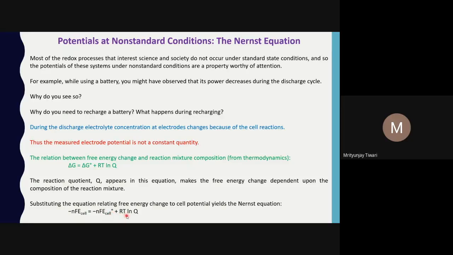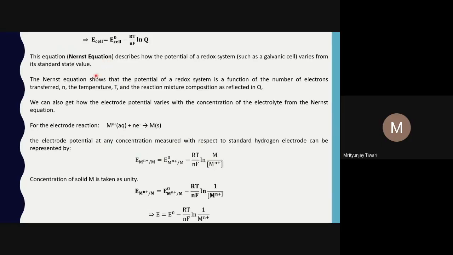And RT ln Q divided by minus nF makes the term negative, so it becomes minus RT by nF ln Q. So we get the Nernst equation: E cell is equal to E naught cell minus RT divided by nF ln Q.